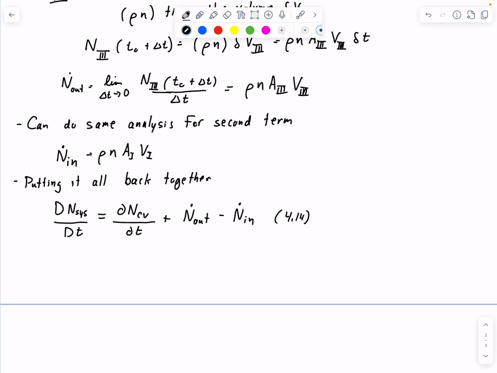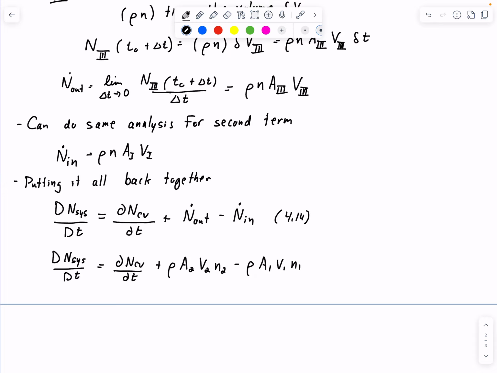We can rewrite this as well. I'll rewrite this one more way. So the derivative of this property in your system is equal to the derivative of the property in the control volume, del N_CV by del t, plus rho A2 V2 n2 minus rho A1 V1 n1.